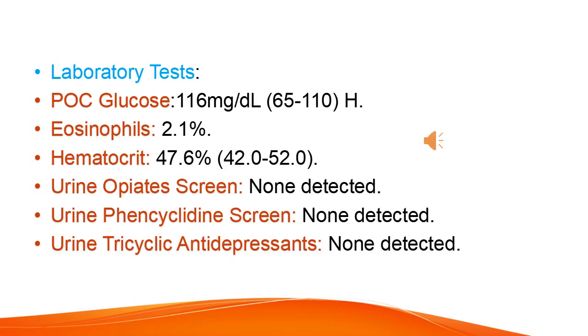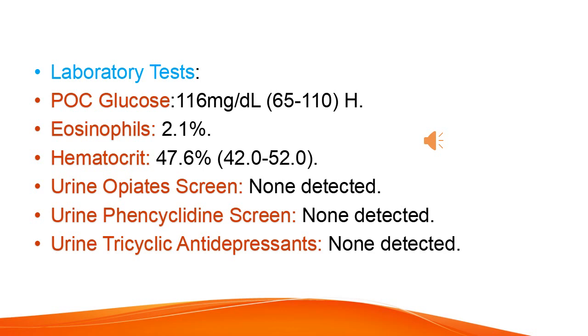Laboratory tests. POC glucose 116 mg/dl, reference 65 to 110, H. Eosinophils, 2.1%. Hematocrit, 47.6%, reference 42.0 to 52.0. Urine opiates screen, none detected.